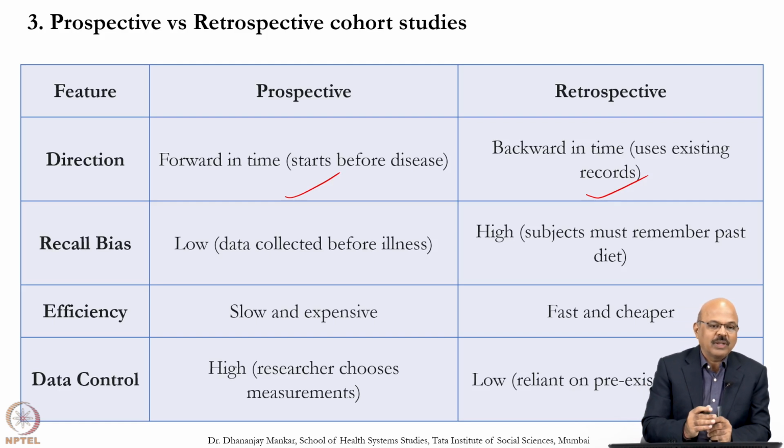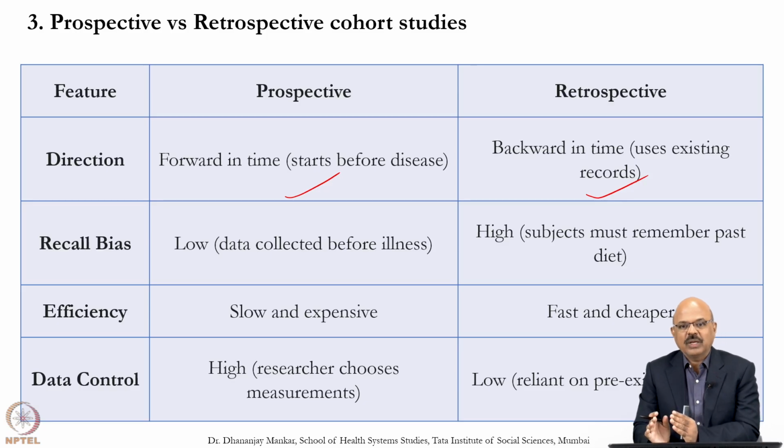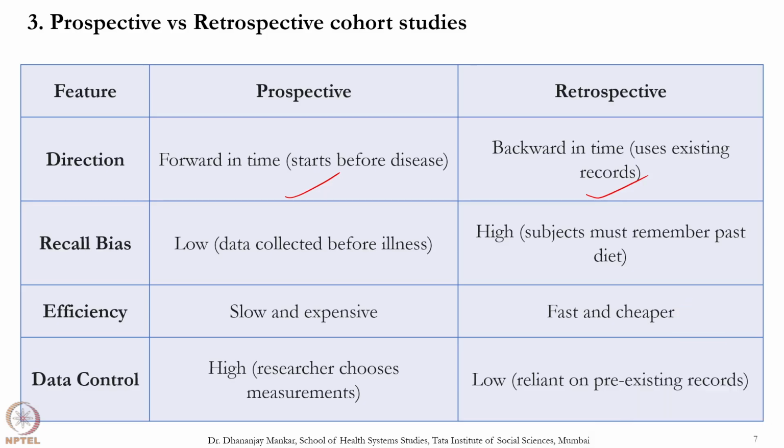Efficiency wise, prospective studies are slow and expensive, which becomes the major limitation. Retrospective studies are faster and cheaper. Data control is very high in prospective studies because the researcher chooses the measurement, and low in retrospective studies because they rely on pre-existing records, which gives major reasons even for the rejection of these studies.